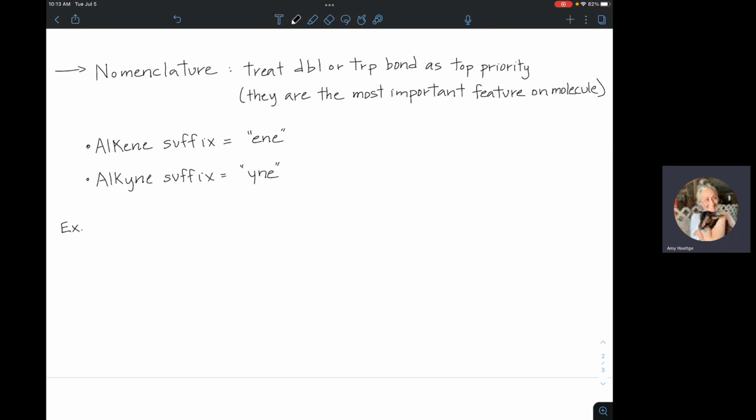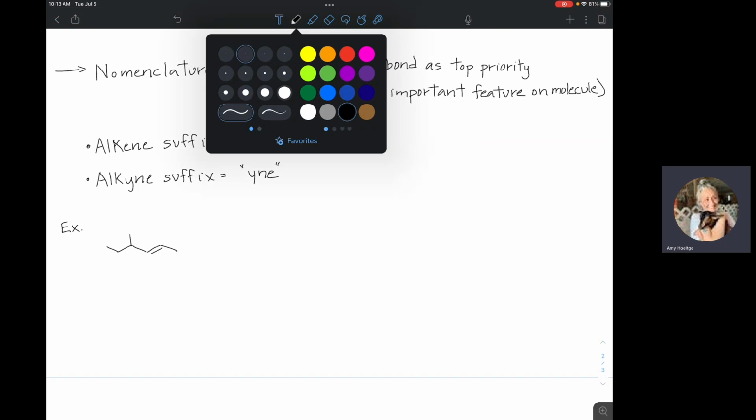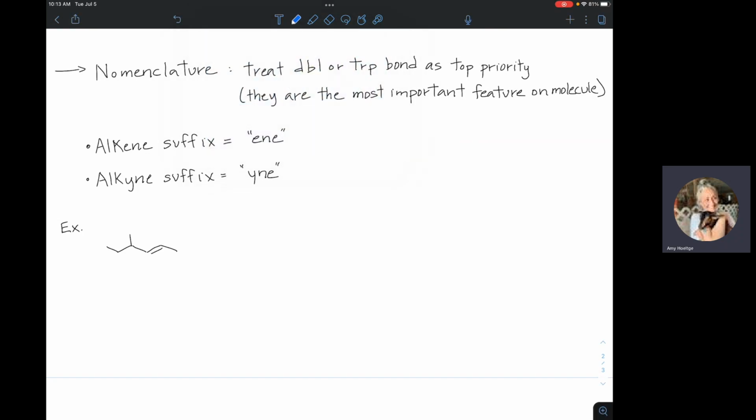You're going to follow the same rules that you followed for naming alkanes. So the first step is to find the longest continuous chain of carbons, right? So say, for example, all right, so we can name these by counting in either direction.